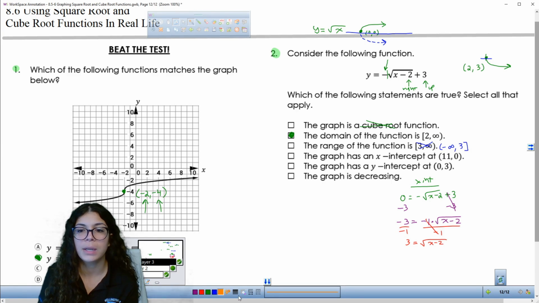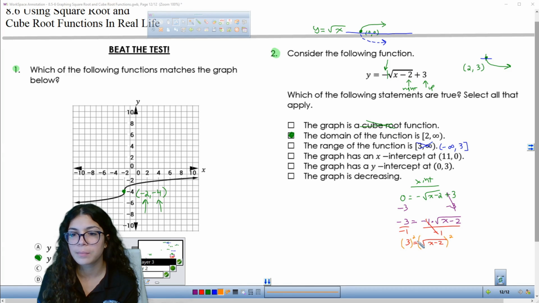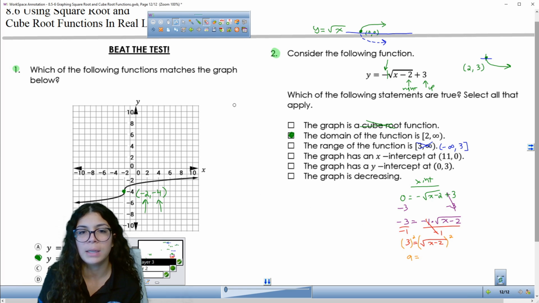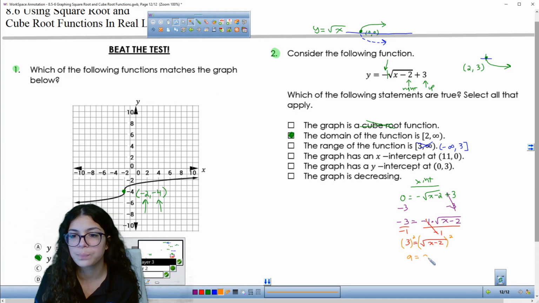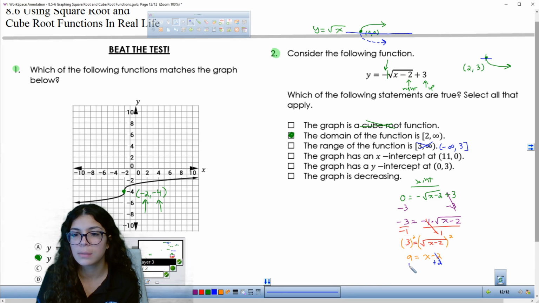And then I want to get rid of the square root, so I'm going to go ahead and square both sides. 3 squared is 9. Actually, we got rid of the square root, so now we have 9 equals x minus 2. And then lastly, I got to get rid of the minus 2, so I will add 2 on both sides. So I end up with x equals 11. So when the y value is 0, the x value is 11, and therefore this is in fact correct.